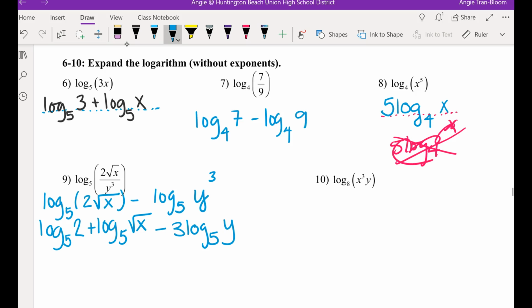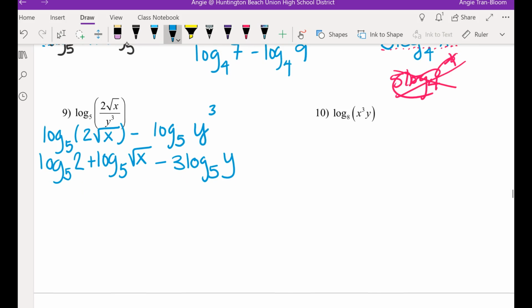Okay, so currently we have log base 5 of 2 plus log base 5 of square root of x minus 3 times log base 5 of y. What do you see in there that I can also expand? Rad x. Rad x is the same as what exponent? Not 2, not 1, but 1/2.